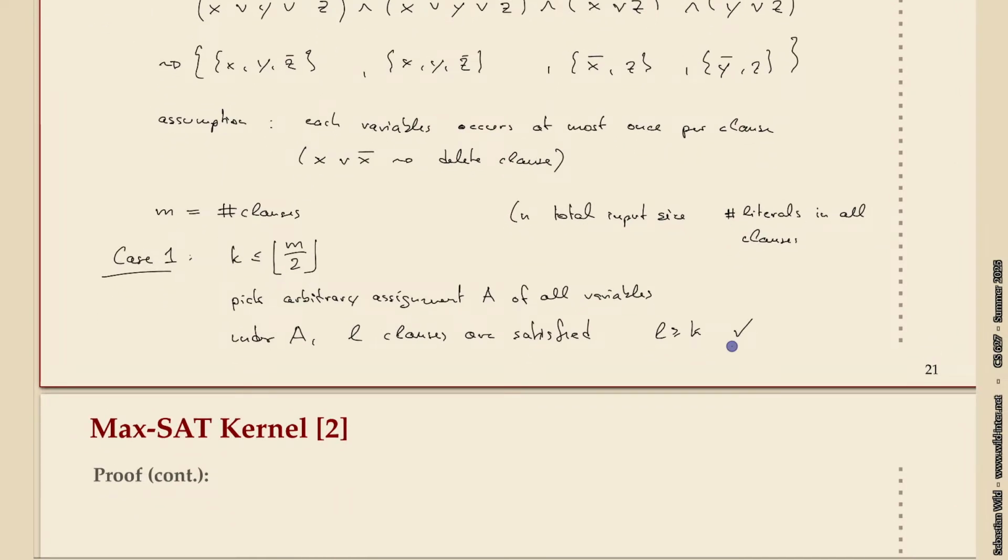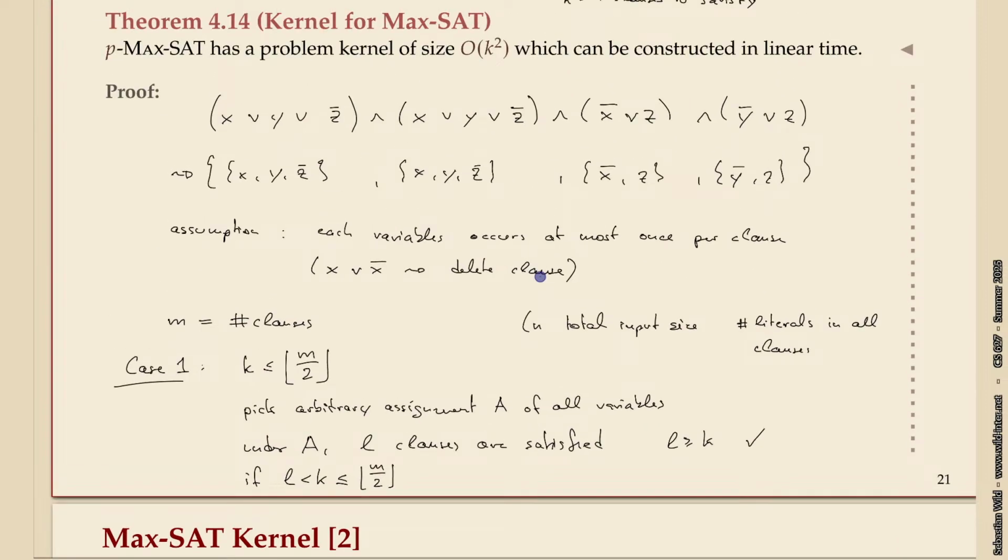The other option, if L is less than K, then it's specifically less than m half. Then you're doing the opposite of whatever A does, because if A does not satisfy these other clauses, it means every single literal in these clauses must be false, right? So if you just invert the variable assignment, those clauses turn true.